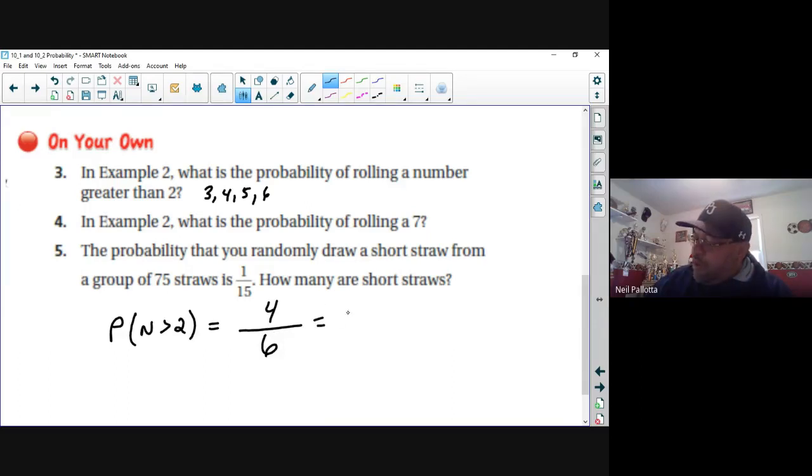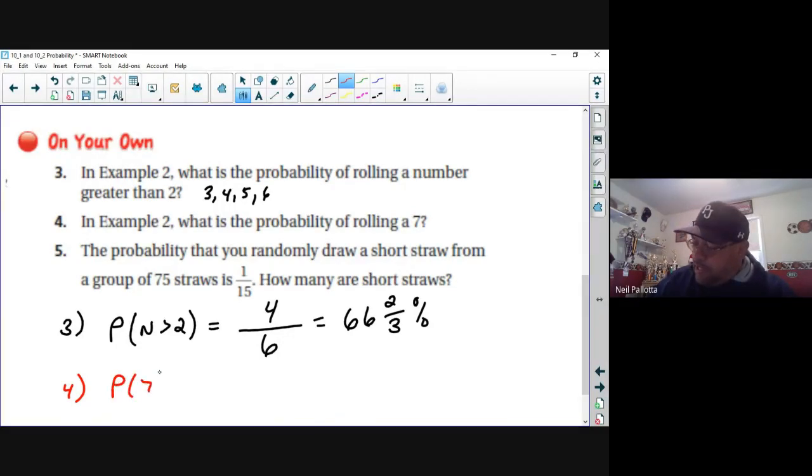So that would give you a probability of 2/3, or as a percent, that would be 66 and 2/3% for problem number 3. Let's try problem 4. In example 2, what's the probability of rolling a 7?